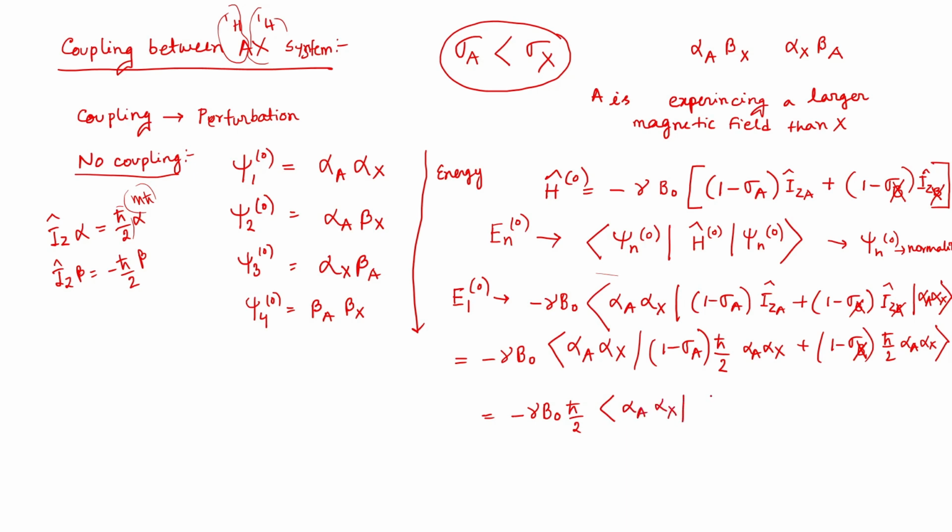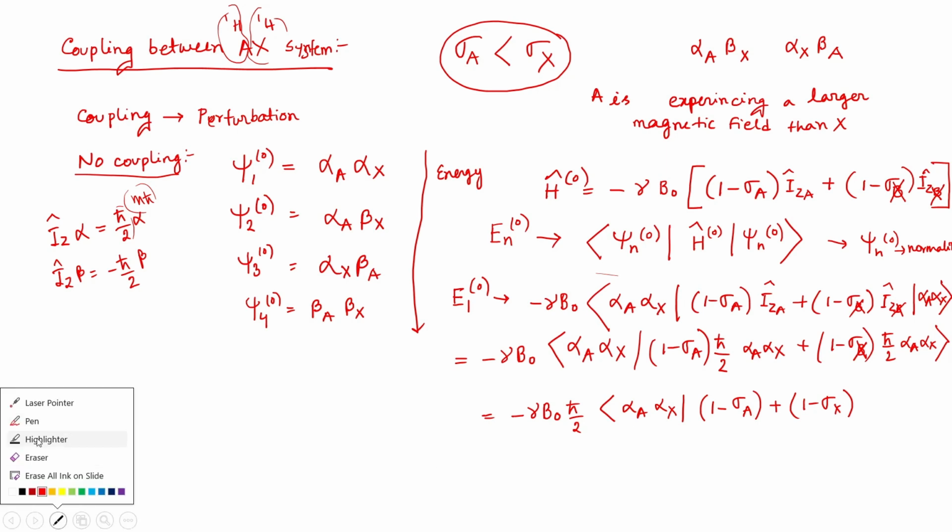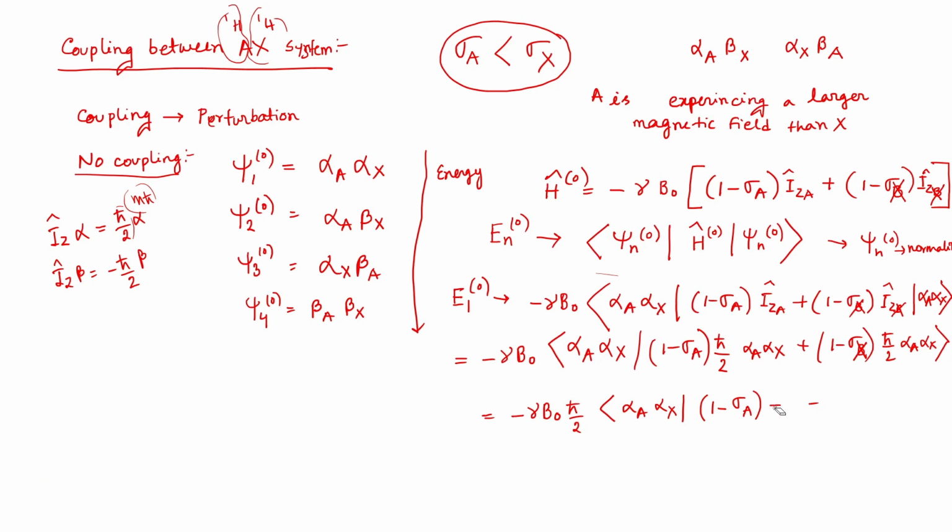So what we are going to get is γB_0 ħ/2 (1 − σ_A) plus (1 − σ_X). Actually, let me write it somewhere different. I will use the eraser. I'll take this whole thing outside the bracket because now it is all constant, right?